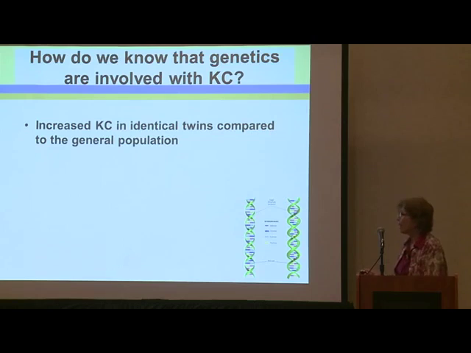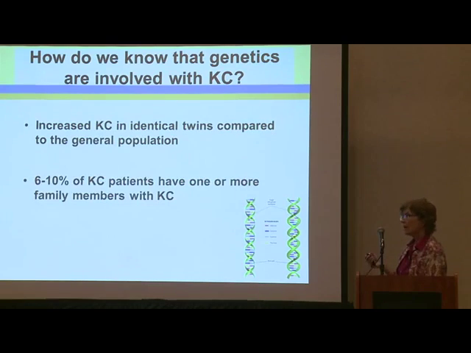Okay, so how do we know that genetics are even involved in keratoconus? People have shown that there's increased keratoconus in identical twins compared to the general population. So if one twin has it, if they're identical twins, the second twin is going to also have it.